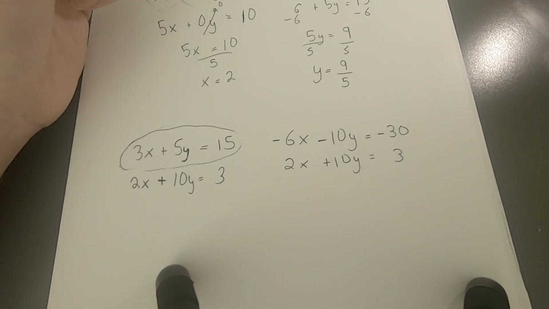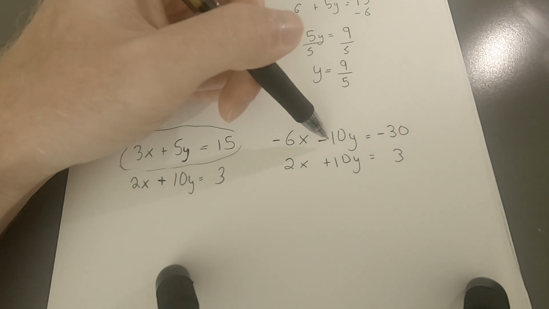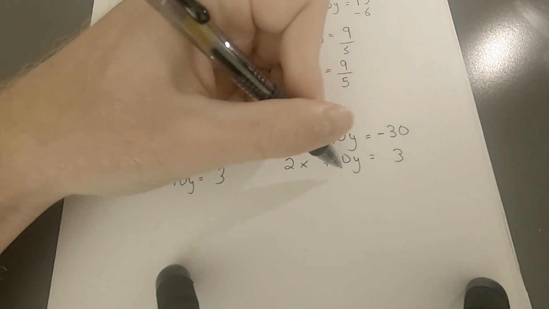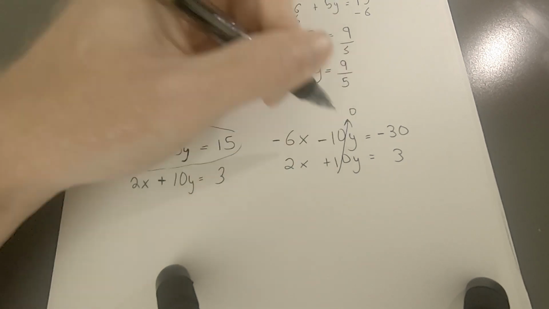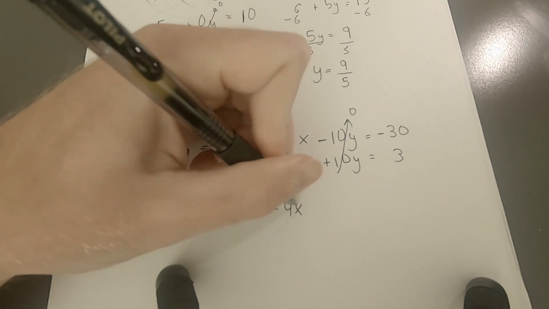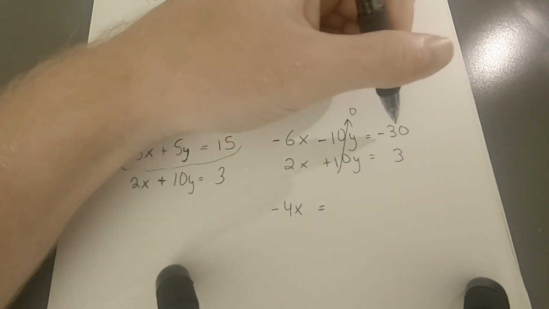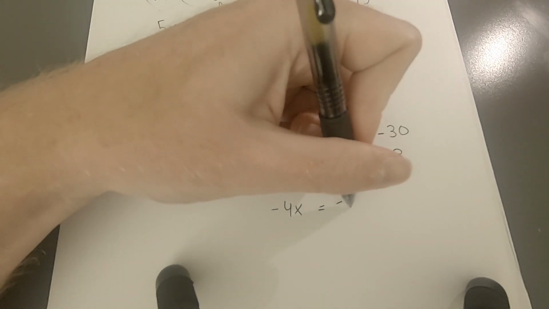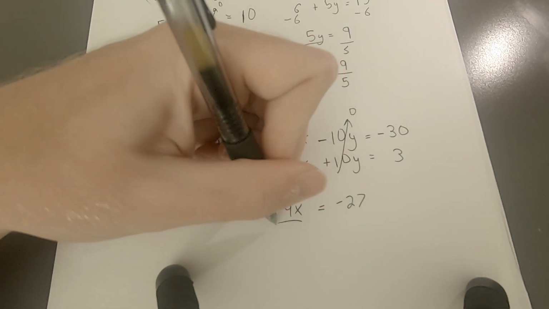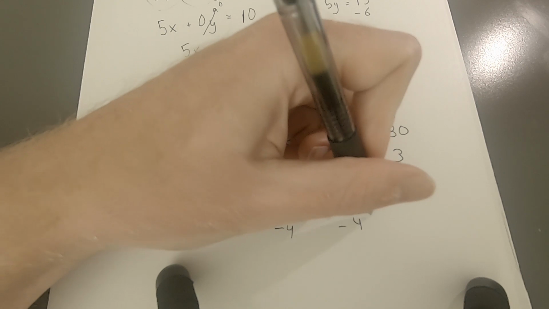So now we just go ahead like we did with regular elimination. This would go to 0 because those cancel. -6x plus 2x, we get -4x equals -30 plus 3, -27. Then we just solve for x. Divide by -4, divide by -4.